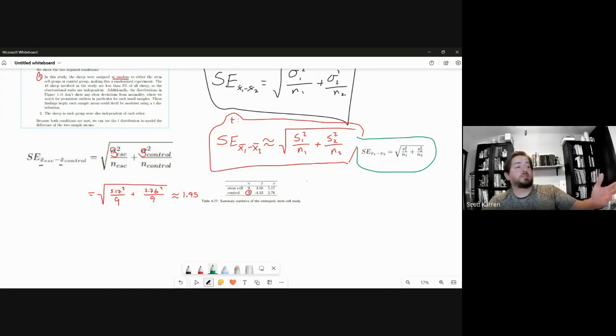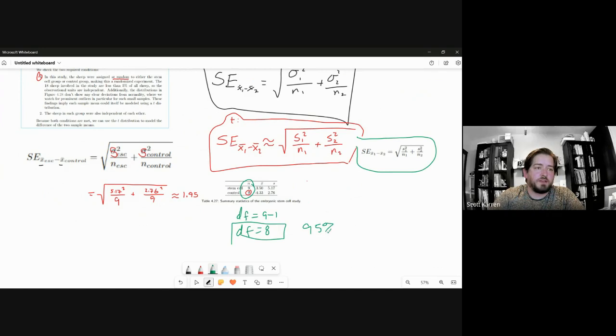So we have our standard error, and then we have 9 in each group. And that means that the degrees of freedom is 9 minus 1. So the degrees of freedom is 8. We're using a 95% confidence value.